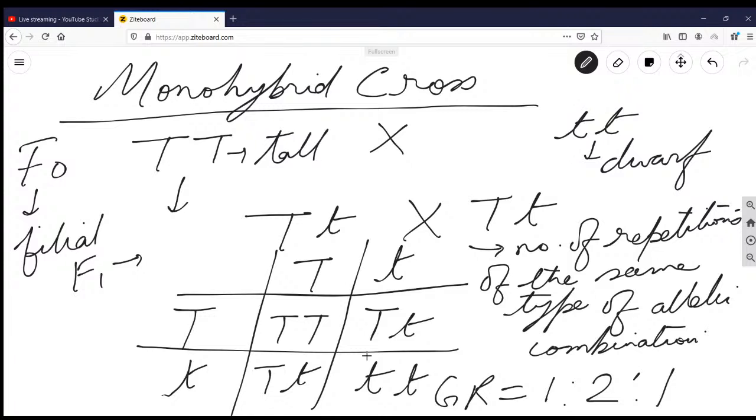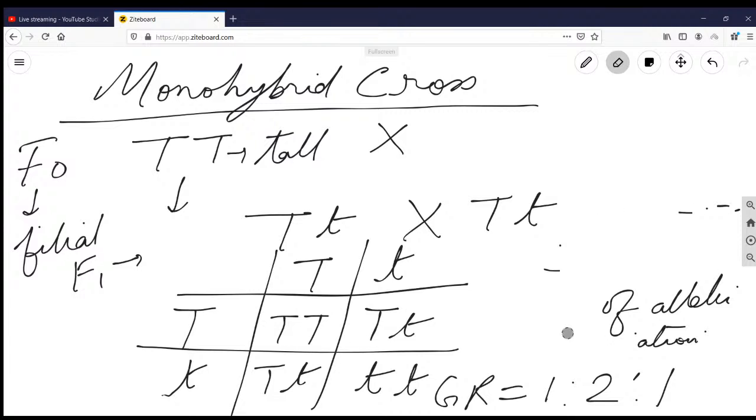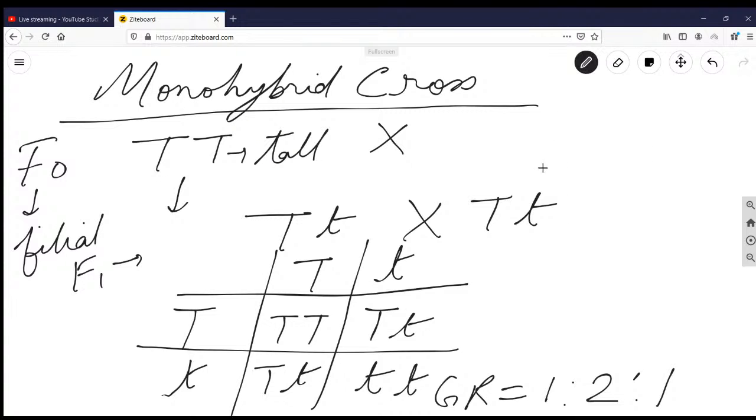Now when you come to the phenotypic ratio, that time we'll look at the phenotype. Phenotype means the physical appearance. Now capital T is what? Tall. So for phenotypic ratio, capital T is tall, capital T small t is again tall, capital T small t is again tall.